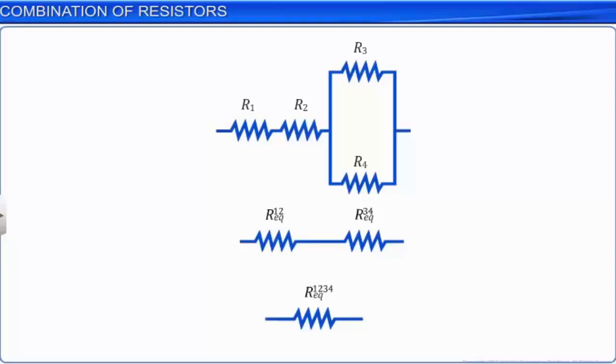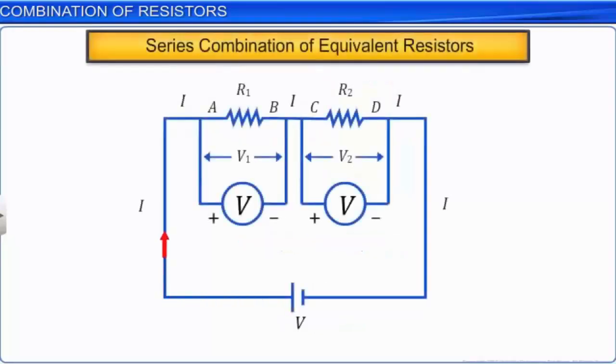Equivalent resistance of a series combination is obtained as follows. AB and CD are two resistors with resistances R1 and R2 joined in series as shown in the circuit diagram. A voltage V is applied across points A and D by joining them to the two terminals of a battery.